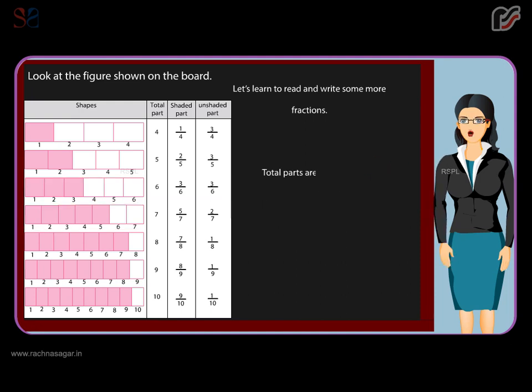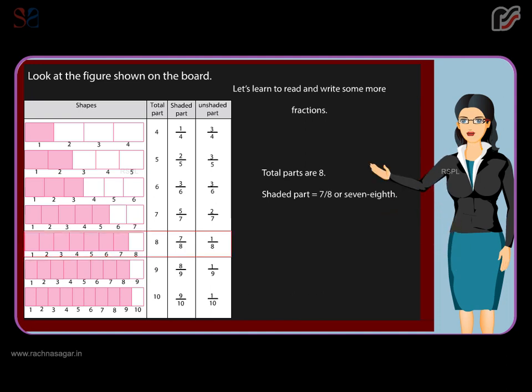Total parts are 7. Shaded part 5/7. Unshaded part 2/7. Total parts are 8. Shaded part is equal to 7/8. Unshaded part is equal to 1/8.